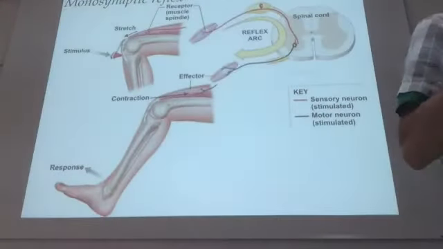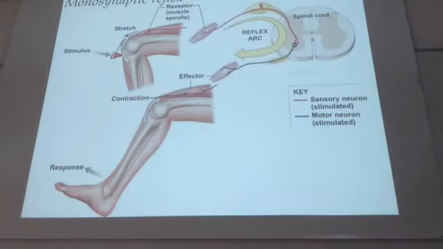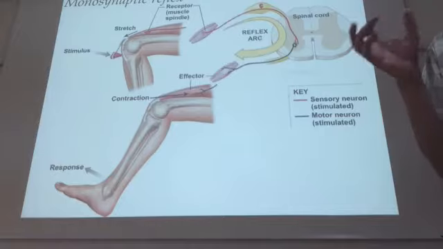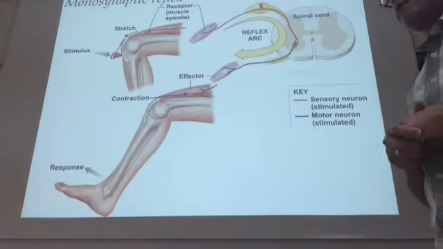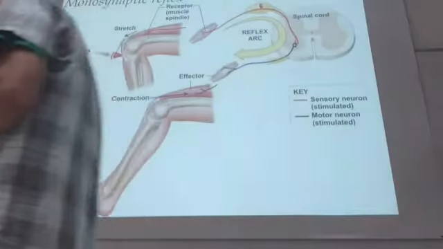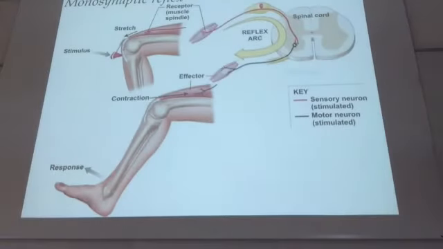So we're sort of tricking the muscle with this reflex. The receptor thinks we are overstretching the muscle, so the contraction will prevent the tear.